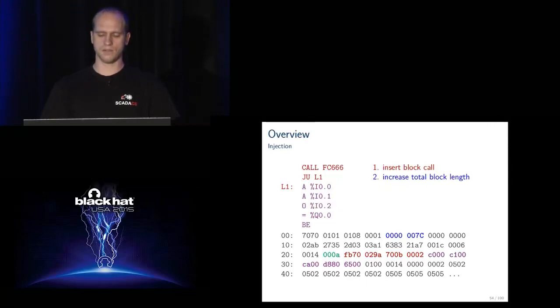And then we have to update the code length field. So we are just adding 8 bytes, a new call to a function which is under our control, and updating 2 length fields. This enables us to inject an SNMP scanner or a proxy or some other kind of malware into a PLC.